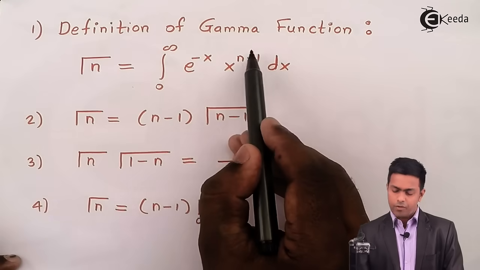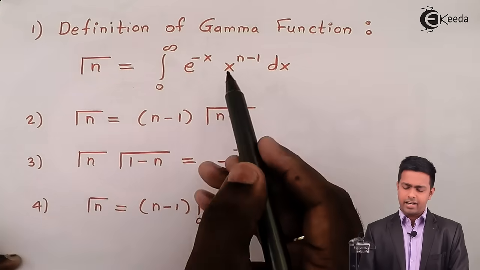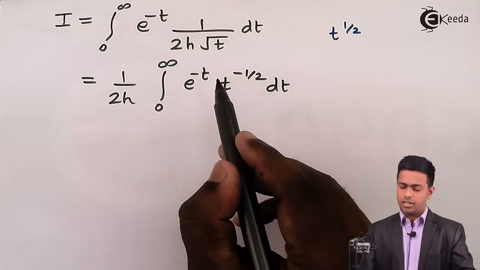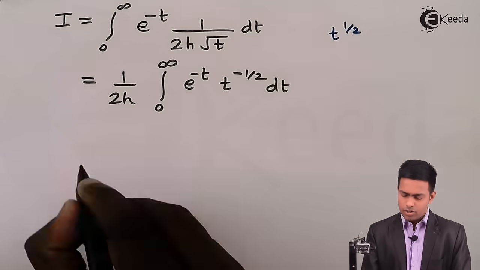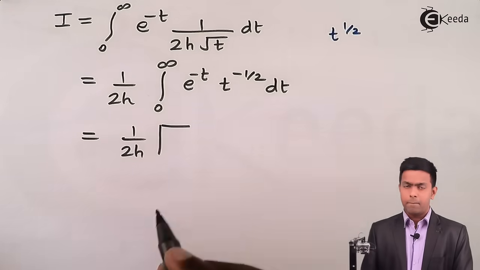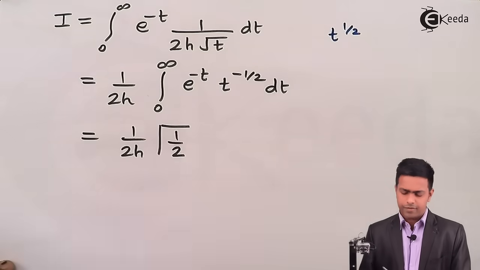So whatever is the power of x, we just have to add 1 and write it inside the gamma function. Here we have e raised to minus t, and the power is minus half. So I'll add 1 to minus half. So that becomes 1 by 2h gamma of minus half plus 1, that is positive half.